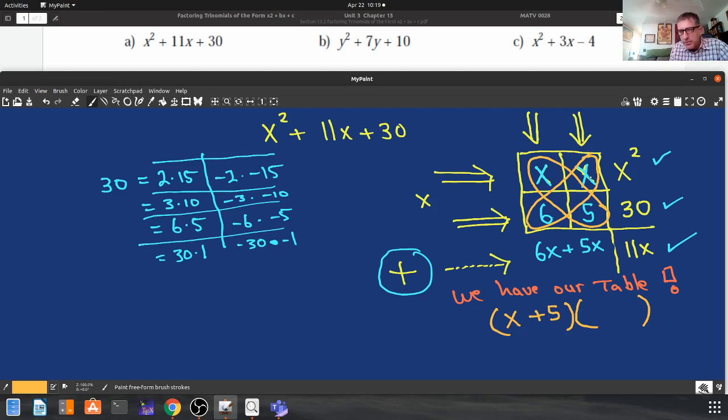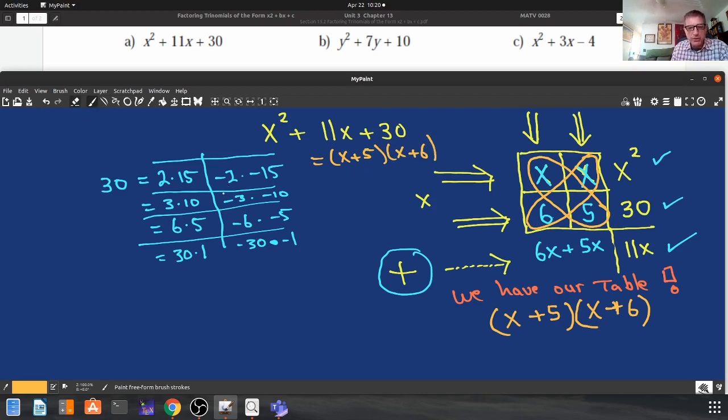In here, you always put the x first, and going kitty corner down, it encapsulates 6. So we just discovered that x squared plus 11x plus 30 is equal to x plus 5 times x plus 6. So this is its factorization.